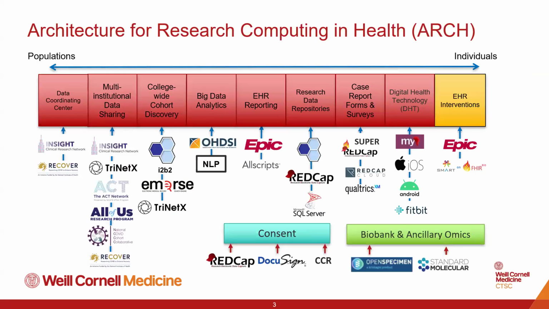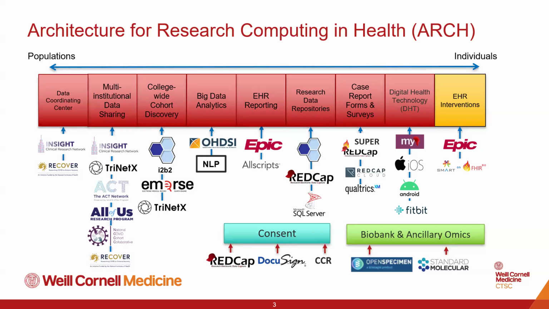First, to give you a bit of an overview about where biobanking and biobank informatics falls, it is actually part of the research informatics team within ITS. So research informatics with the CTSC and the JCTO provides what we call Architecture for Research Computing in Health, which is a program that enables WCM investigators to obtain electronic patient data to accelerate their scientific workflows.